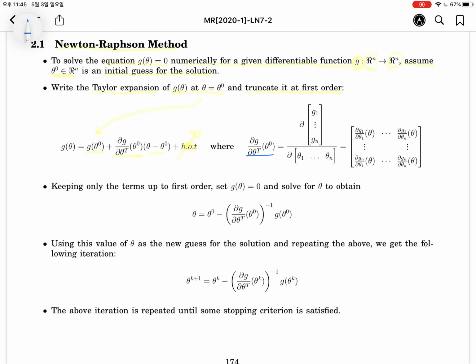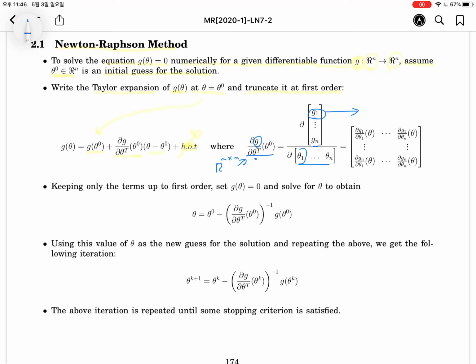The partial derivative of g with respect to theta transpose is a matrix in R^(n times n). The g vector has n-dimensional elements as a column vector, g1 through gn, and each element is differentiated in the row direction, so theta transpose is required.